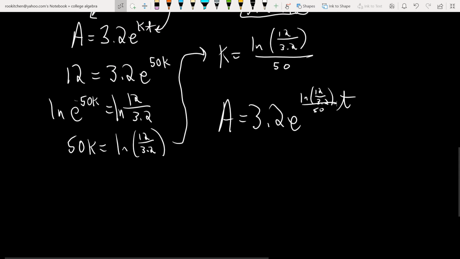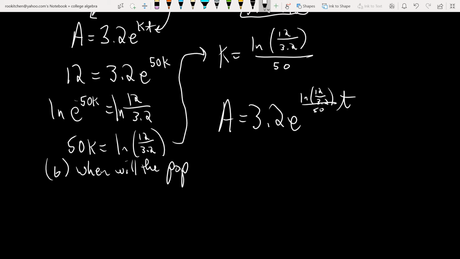Part B of the problem wants you to use this formula in order to predict when Palestine's population will be 9 million. So, when will the population reach 9 million?